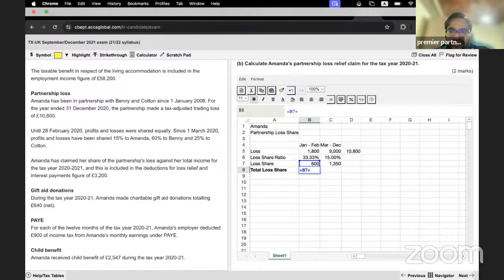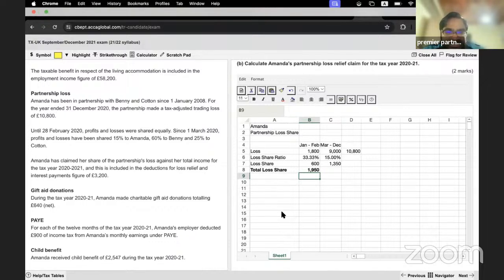Overall loss share would be the total of these two, which is going to be 1,950. Are we good? Any queries around this calculation? It's a fairly easy calculation. Any questions, guys?